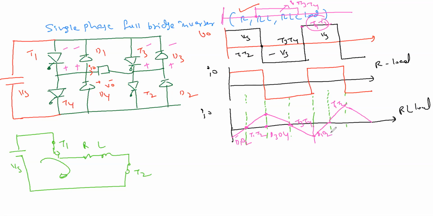Okay, so please write down this point here now. Even though T1 T2 are gated, the gated means gate signal is there.